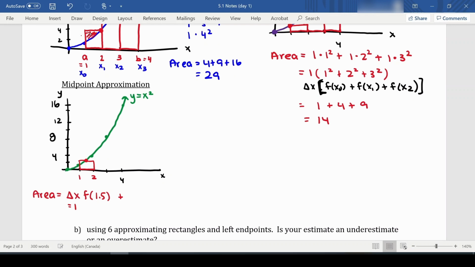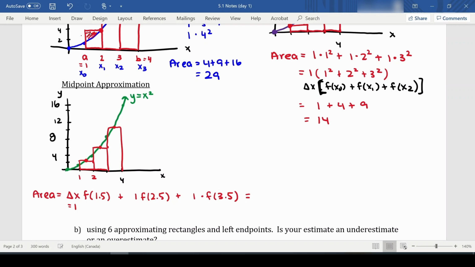Plus delta x, which is 1, times f of 2.5, plus delta x, which is 1, times f of 3.5. I still have 3 rectangles. The next one, I need to again put the middle of the top of my rectangle on my curve. And the last one, middle top on my curve.